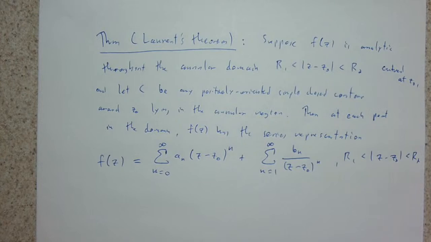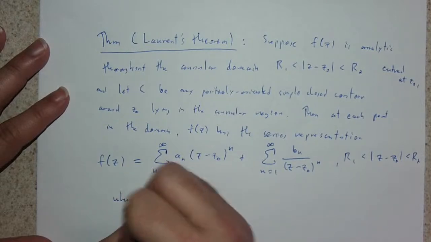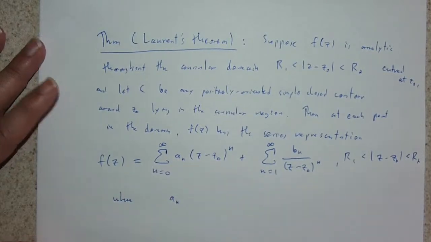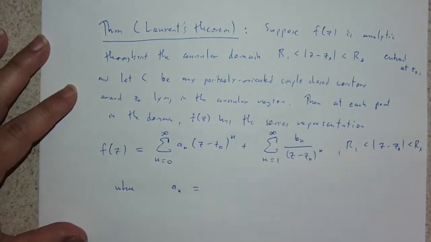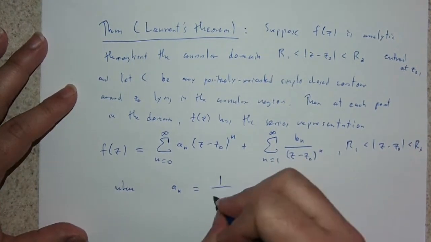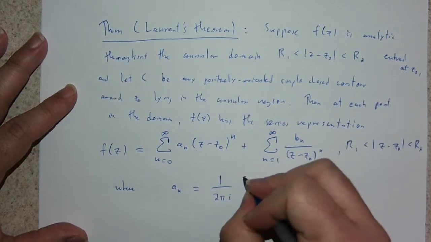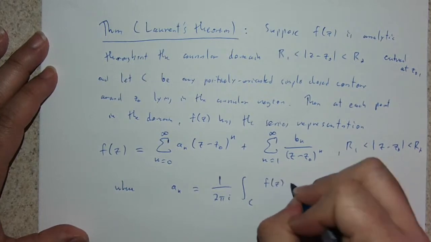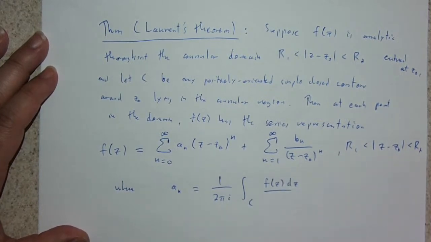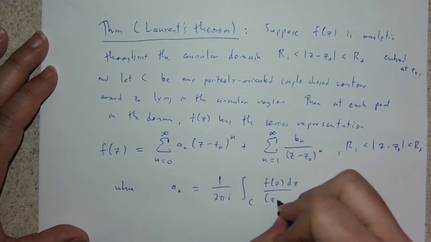Okay, where I can actually compute these coefficients, and I can compute these coefficients using contour integrals where a sub n is 1 over 2 pi i times the contour integral of f of z dz over z minus z naught to the n plus first.